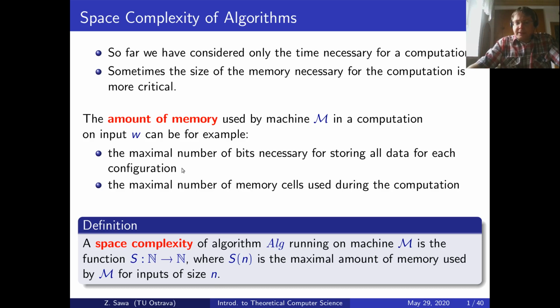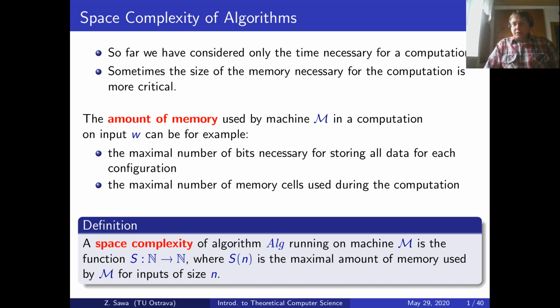I just return to the units in which we would measure the size of the used memory. I mentioned one possibility, this more abstract view, is to consider that we have some abstract memory cells that can store integers or pointers and things like that.